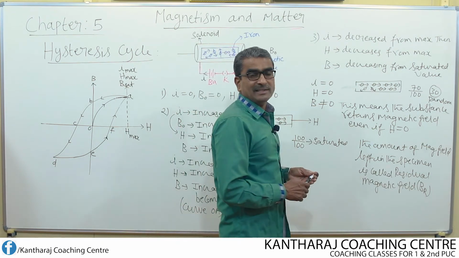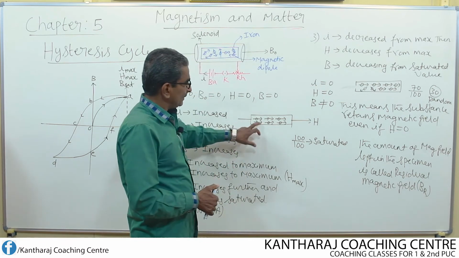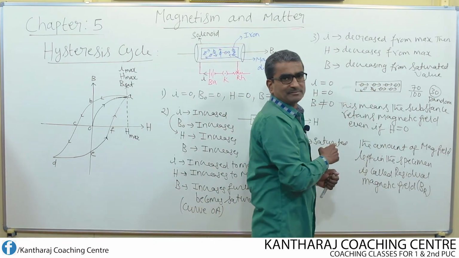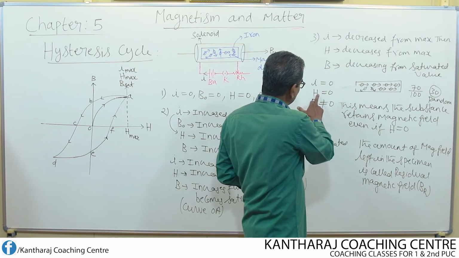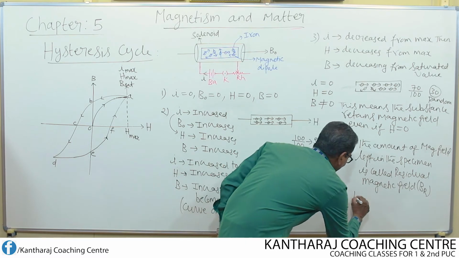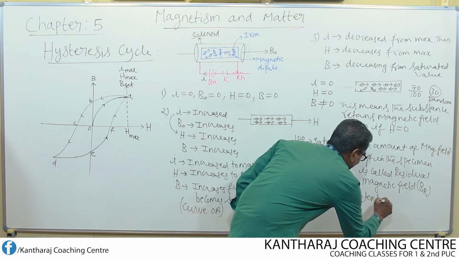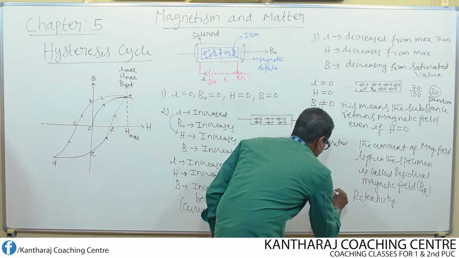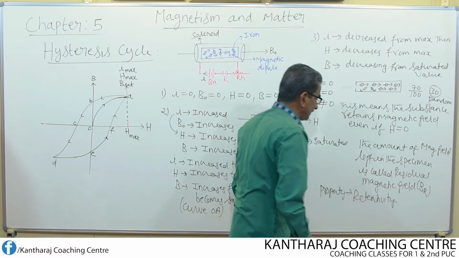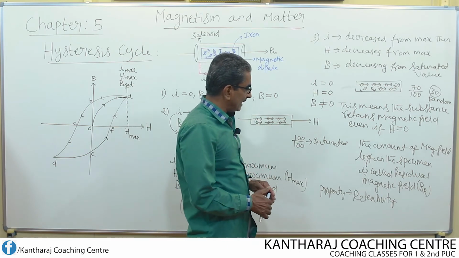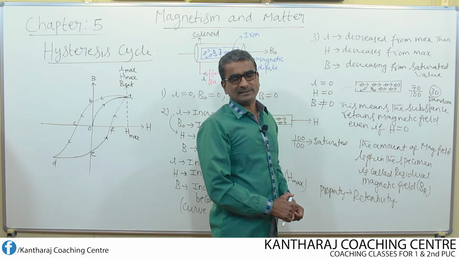And the property of the substance, which property? Retaining the magnetism even if H is made equal to 0 is known as retentivity. So the property refers to retentivity, whereas the amount of magnetic field left in the specimen is known as residual magnetism.